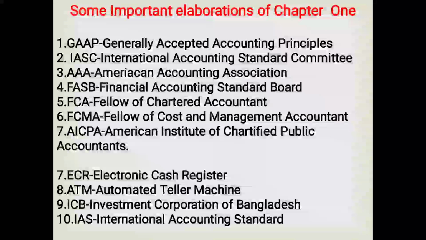Dear students, now you can summarize this lecture. The concept of accounting, definition of accounting, objectives of accounting, users of accounting information, the role of accounting in creating a sense of value and accountability.